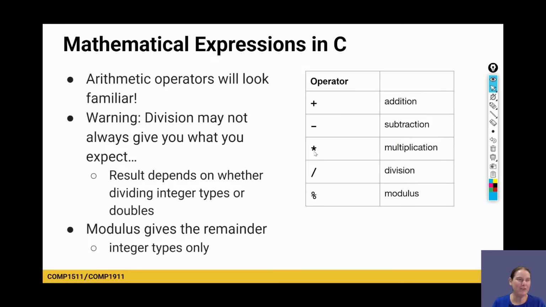Usually when we're writing maths, we don't use this asterisk, but in C, the asterisk means multiplication. Then we've got division, and this percent doesn't mean percentage, it means modulus or mod, which is the remainder.